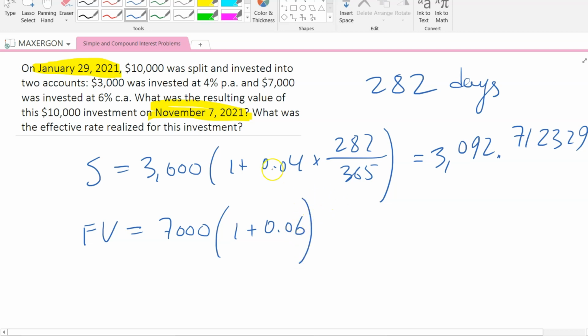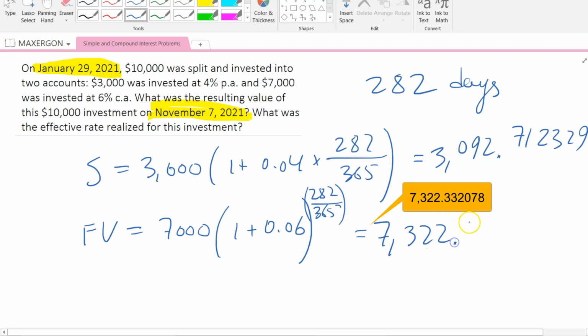And because it's compounded annually, it's going to be exponent for the number of years, which should be taken from 282 days. 282 divided by 365. So that's going to be our exponent. That gives 7,322.332078.